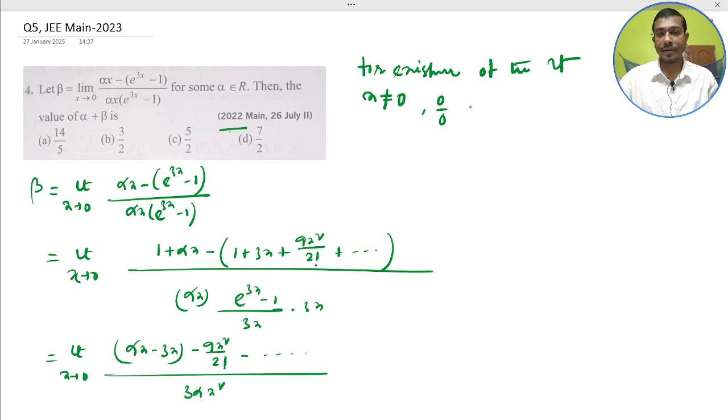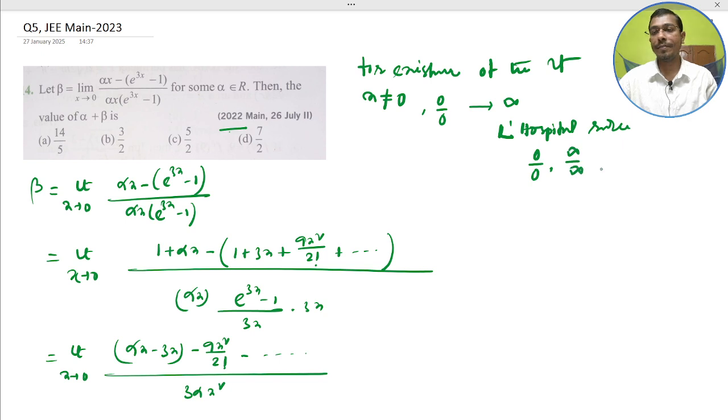This is undefined, tends to infinity, undefined. And one thing is that you can do here two methods, the L'Hospital rule. L'Hospital rule means for 0 by 0 form, infinity by infinity form, you just differentiate both numerator and denominator.